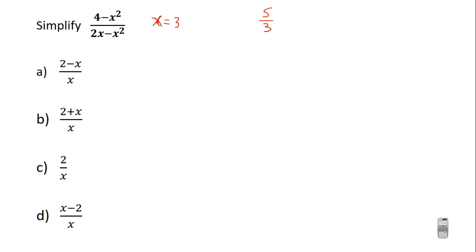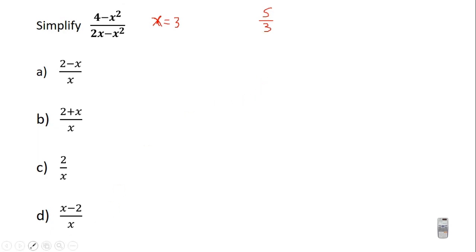The question gave us an answer of 5 over 3. So you put x is equal to 3 into option A, option B, option C, and option D. Now you look at which one will give us 5 over 3. That is the correct answer.